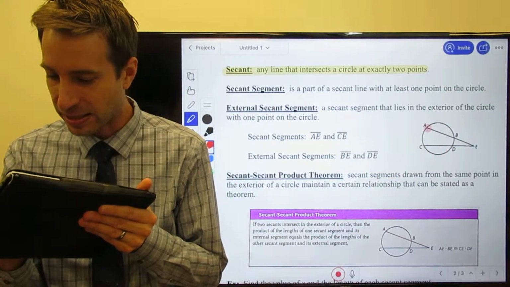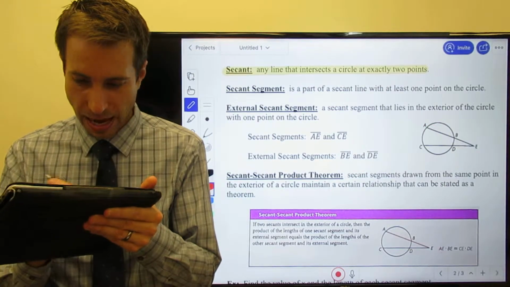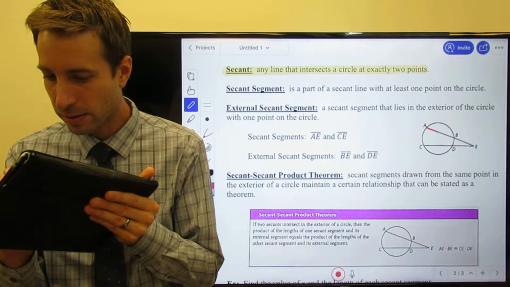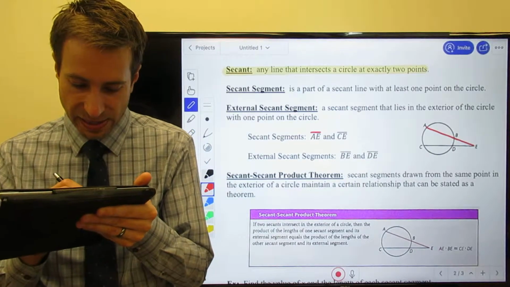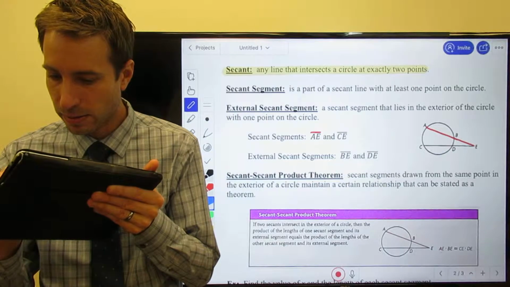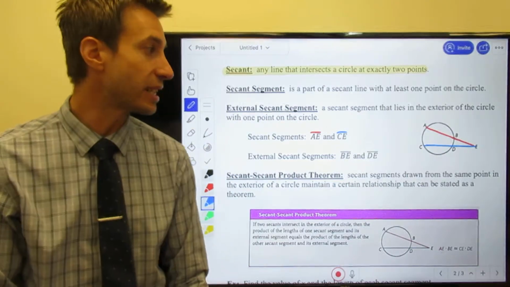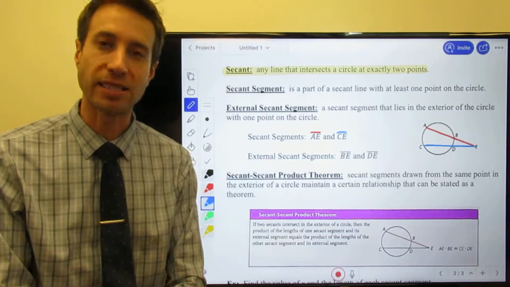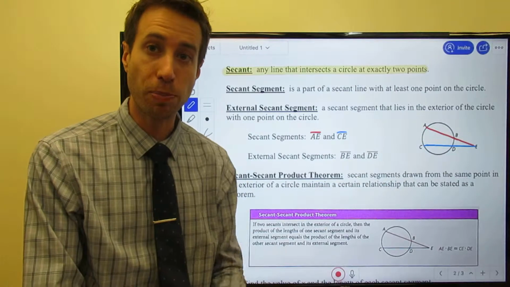I have the secant segment AE, and I have the secant segment CE. Here's the reason that they're secant segments. They're secants because they intersect the circle at 2 points.